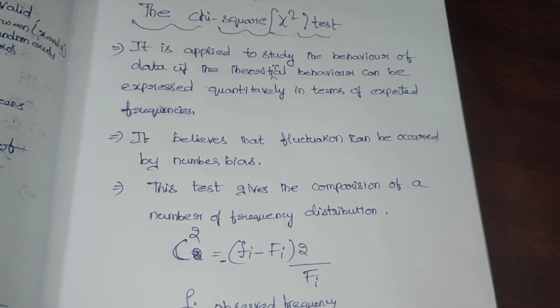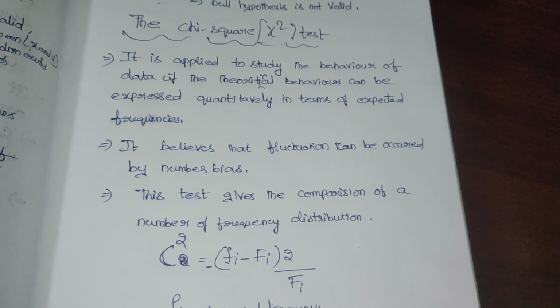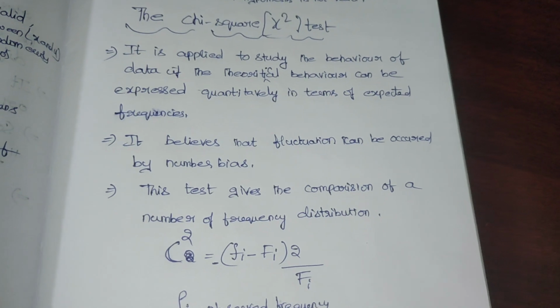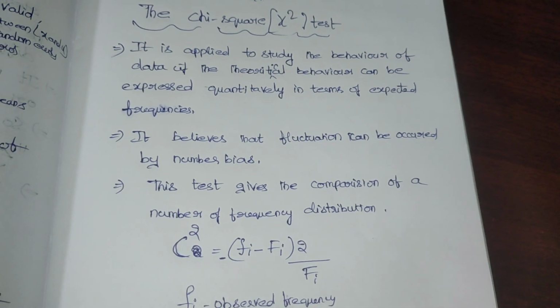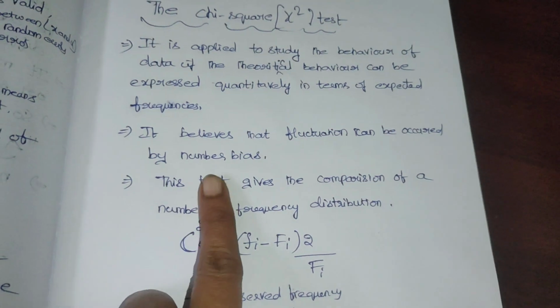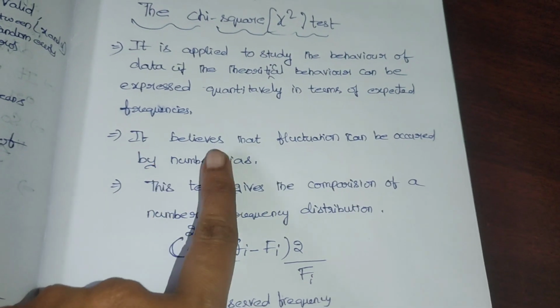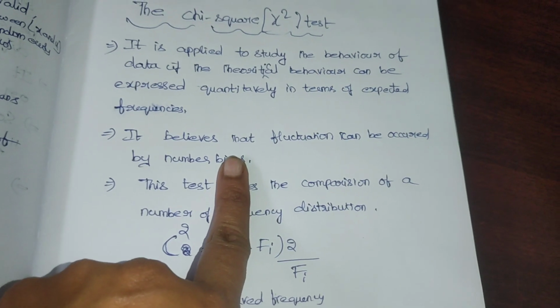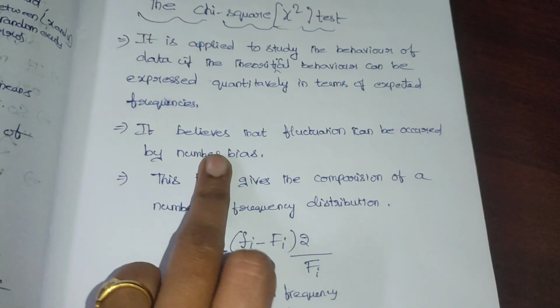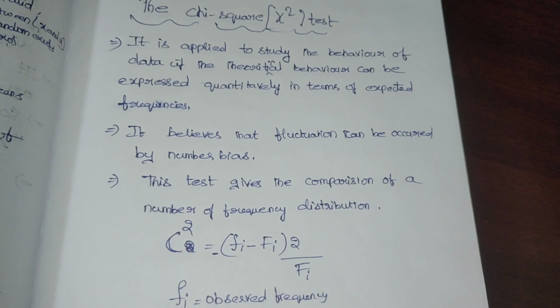So there will be a number bias. Bias means errors. So in writing the numbers, in observing the numbers, there will be a difference. So here the main explanation is that the fluctuation is due to number bias. So this test will give the comparison of the frequency distribution.